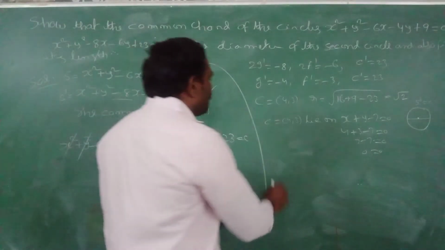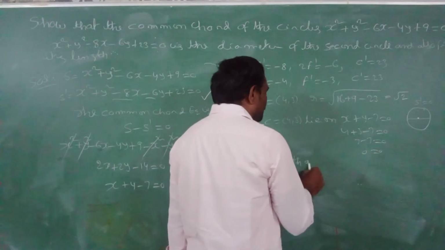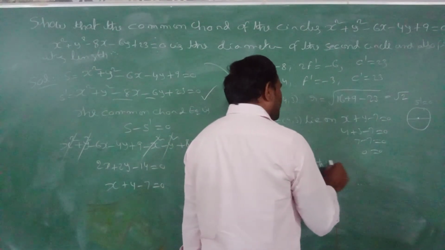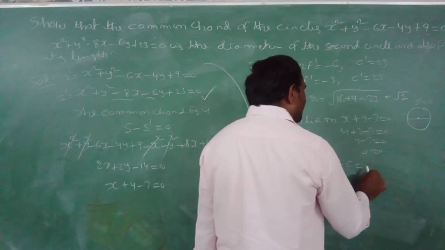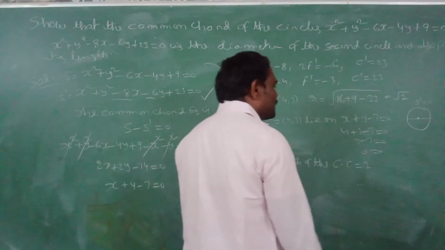The length of the common chord: in this problem, the common chord is the diameter of the second circle.